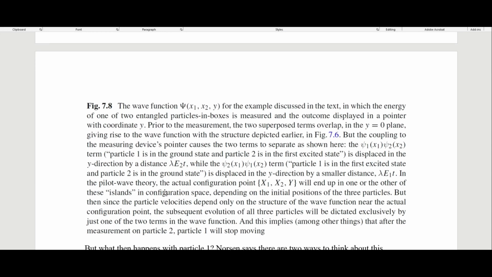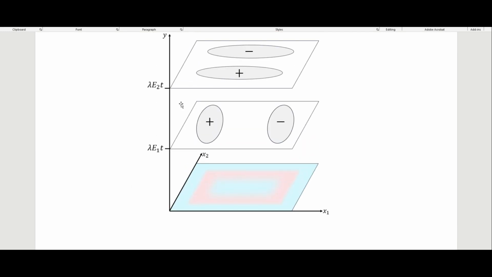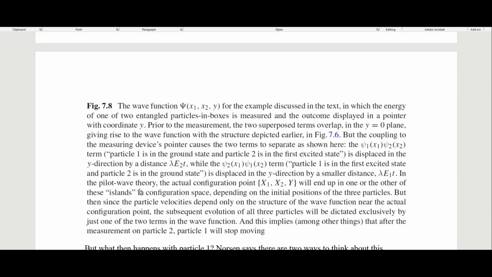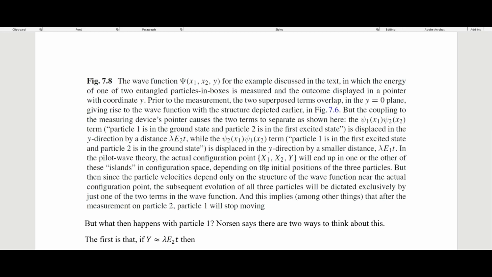In the pilot wave theory, the actual configuration point will end up in one or the other of these two islands, the islands being these two things here, these two islands in configuration space, depending on the initial conditions of the three particles. The three particles he's talking about are the particle in box 1, the particle in box 2, and the particle that corresponds to the measuring device.